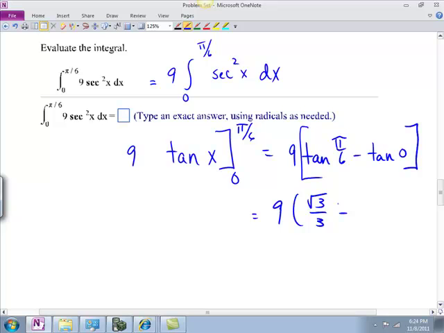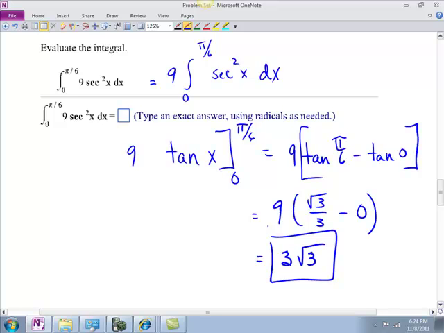And the tan of 0 should be 0. Okay. All right. So what do we end up with? 3 square roots of 3? And that's the way they want the answer. So they don't want a decimal. They want radical, so it would be best for you to be working it that way.